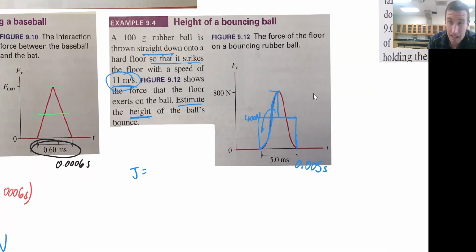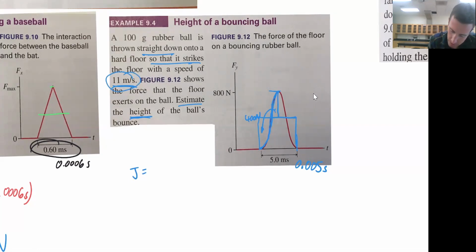So the momentum in will have to equal the momentum out, I am guessing. So if I run through that, that'll give me... All right, so let's start by finding my impulse.